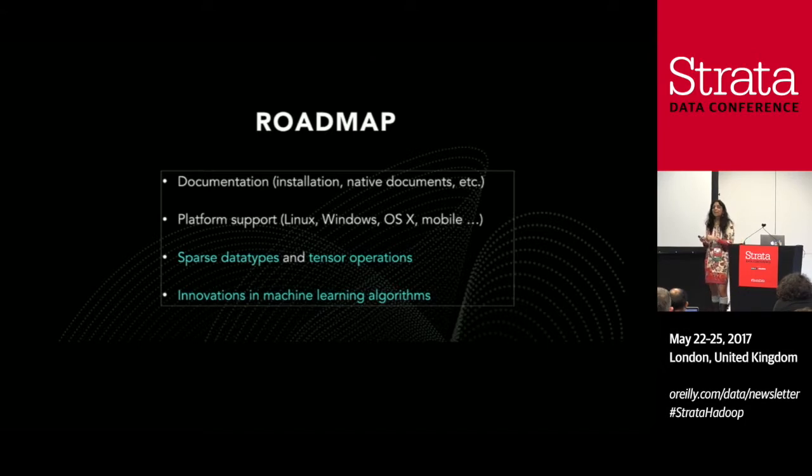So indeed, we have a number of exciting things under development in mxnet. We have extensively done a documentation overhaul, and you can now see documentation in a variety of the languages that I described earlier. We'll also be adding more capabilities and operators for doing a rich set of operations in linear algebra, including sparse data types.